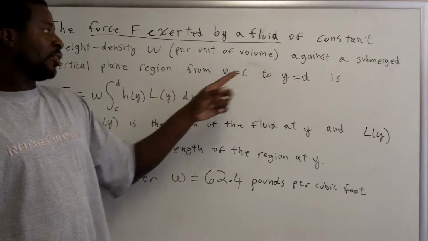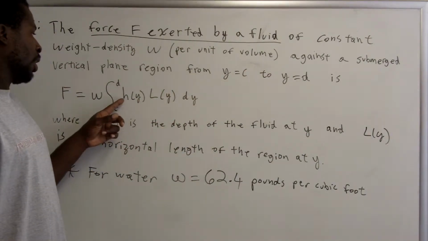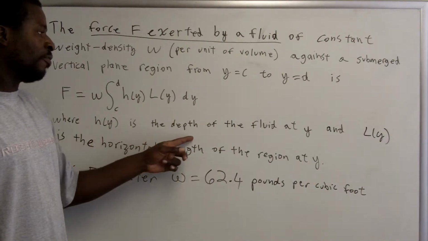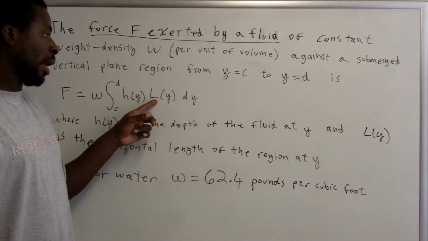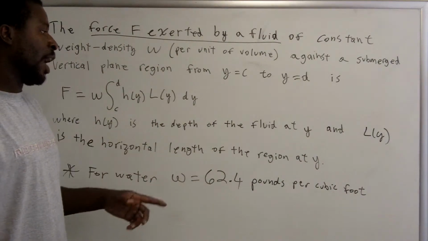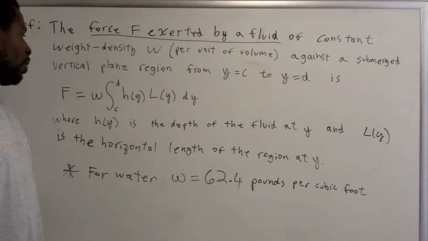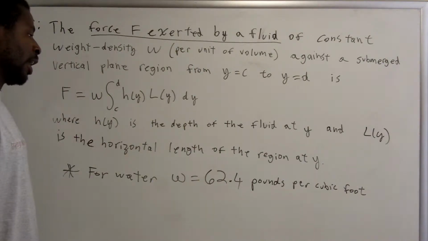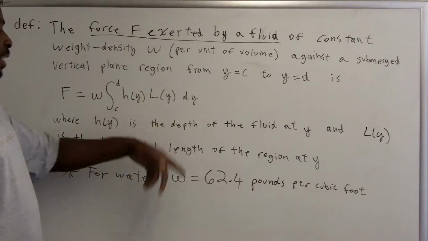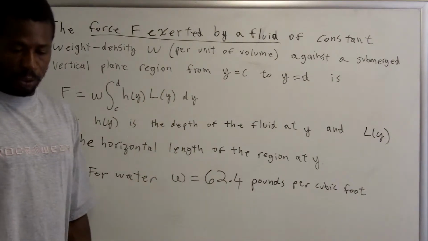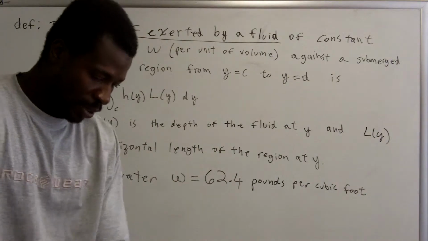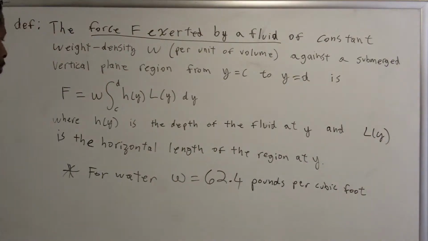Those are the two y values, two horizontal lines. h(y) is the depth of the fluid at y, and L(y) is the horizontal length of the region itself at y. So this integral will give us the fluid force, and we have the weight density here for water. Using this, let's go ahead and do an example.